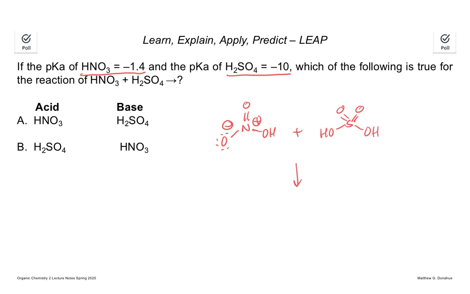So those two will react with one another. One will be the acid, one will be the base. When comparing 2 pKa's, which one will win in terms of being the acid? Sulfuric acid is going to be the acid. So nitric acid has to be a base, so we can protonate that OH group.